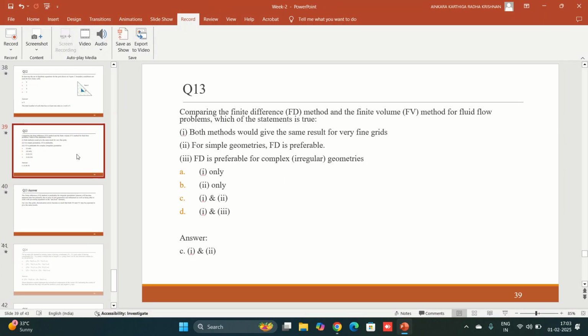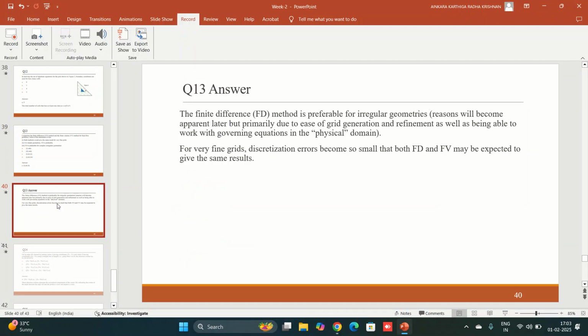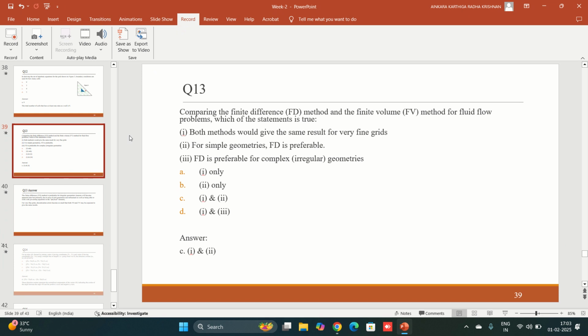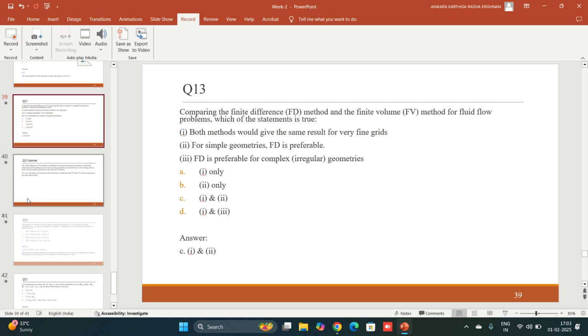One small mistake happened here. Preferable for irregular geometries, I mean, it is not actually. Yeah, for simple geometries, FD is preferable.